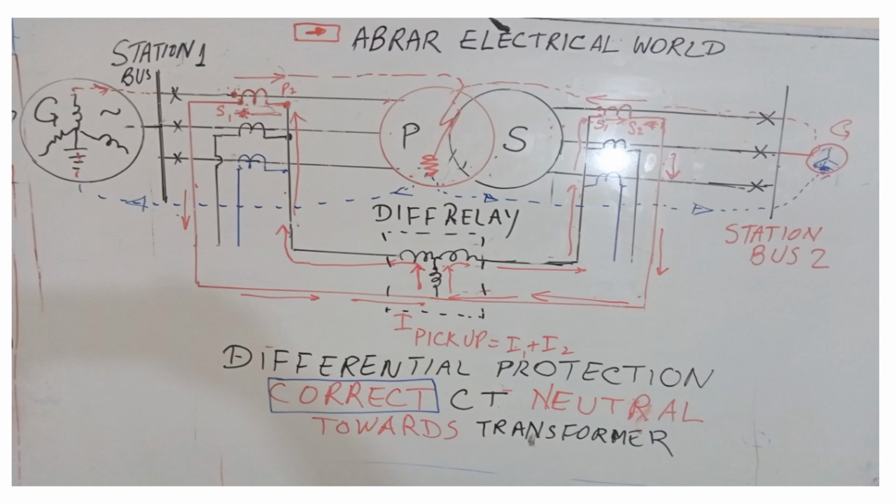So I will explain in other video lectures what happens when there are high value inrush current and high value external through fault currents. So I will make different videos for them. Otherwise, you will be confused.